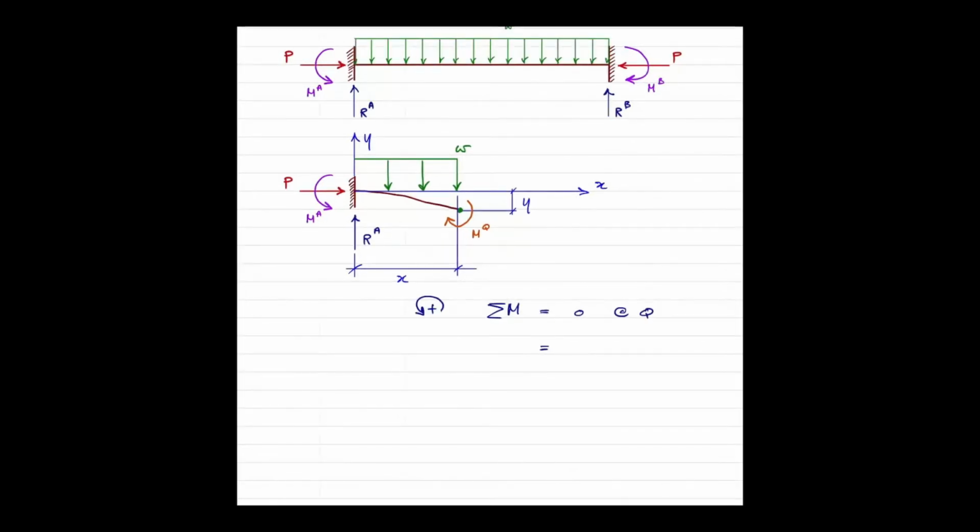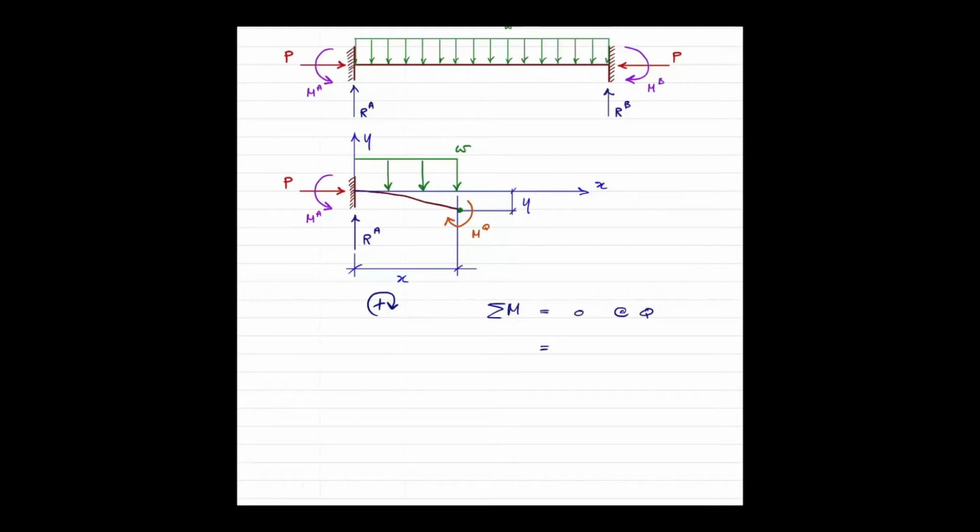If you want to set it up in a clockwise direction, it doesn't really matter, because this is just an equilibrium equation. There is nothing to do with the sign convention. The sign convention comes when you put things together in the direct stiffness format.